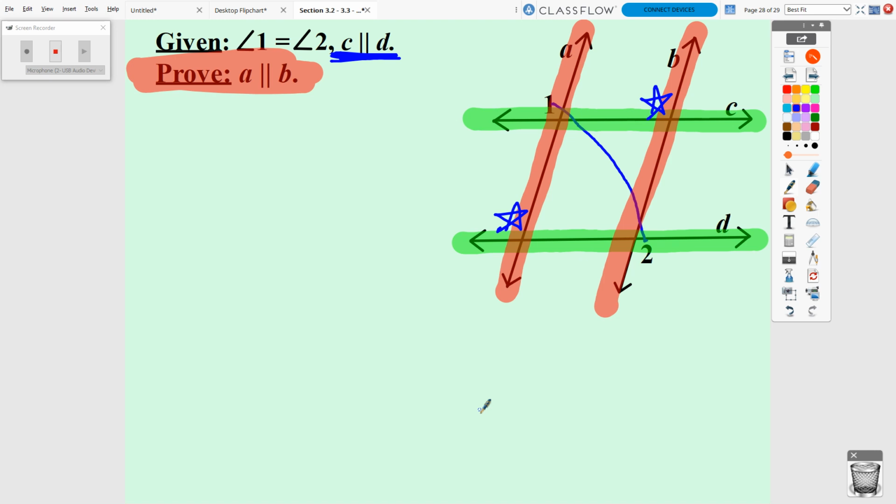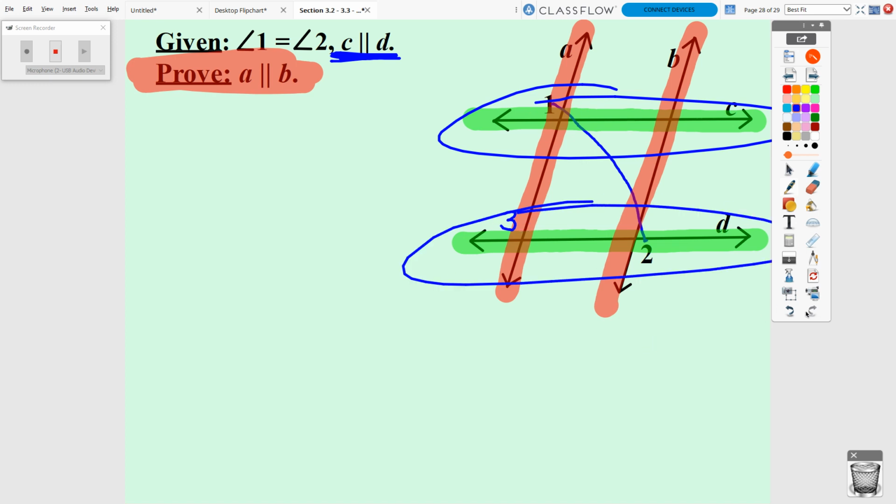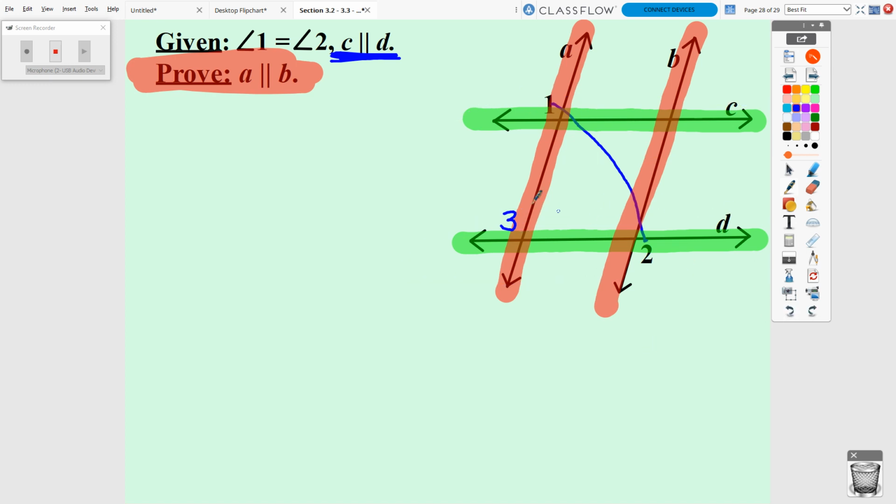Which one's which? This angle down here, I'm going to call angle 3 officially. Angles 1 and 3 are using transversal A, which just happens to be one of the not known parallel lines, right? But really angle 1 and angle 3 are using known parallel lines. So if those lines are parallel, we know these corresponding angles are congruent by the corresponding angles postulate.